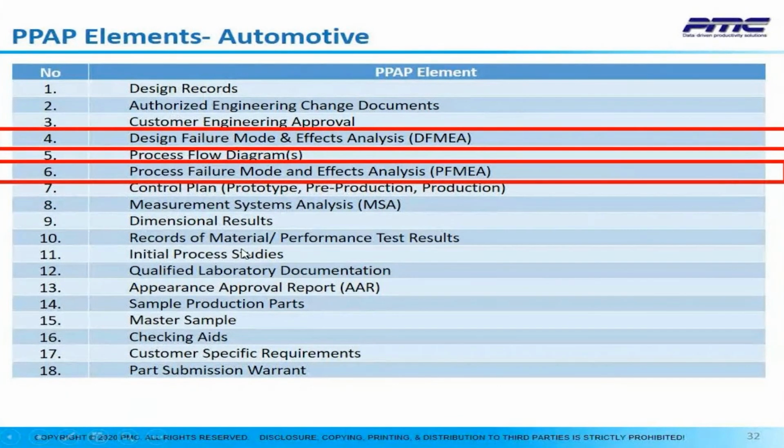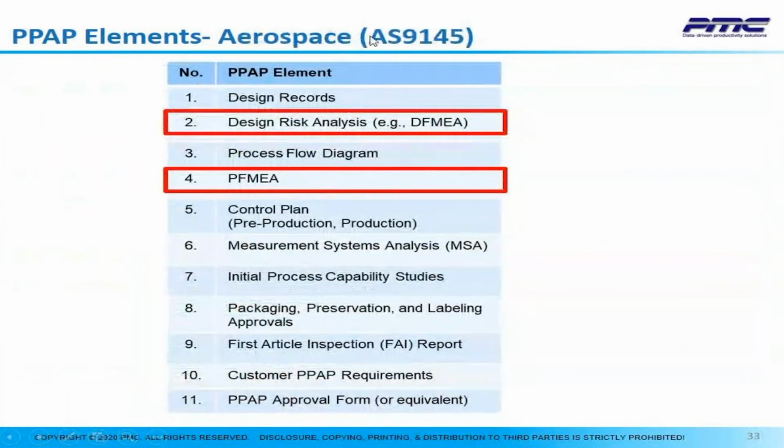And also in aerospace, AS9145, they are listed as design risk analysis, and the DFMEA is a tool that is listed there, and also the PFMEA is listed, so these are 2 of the 11 required elements.